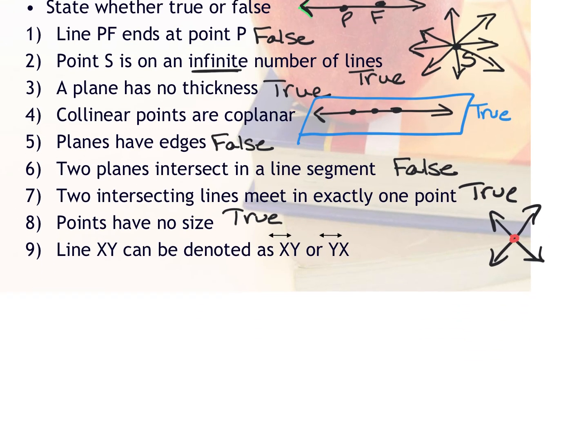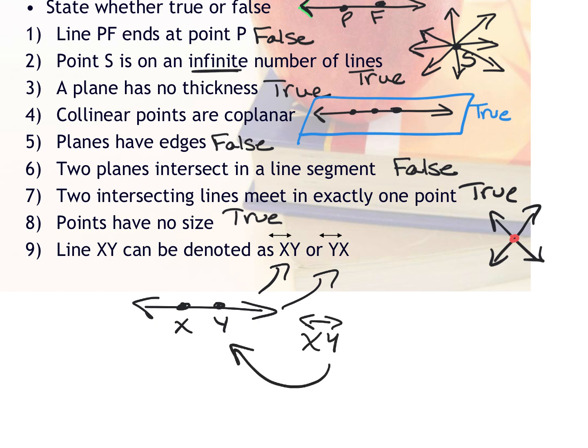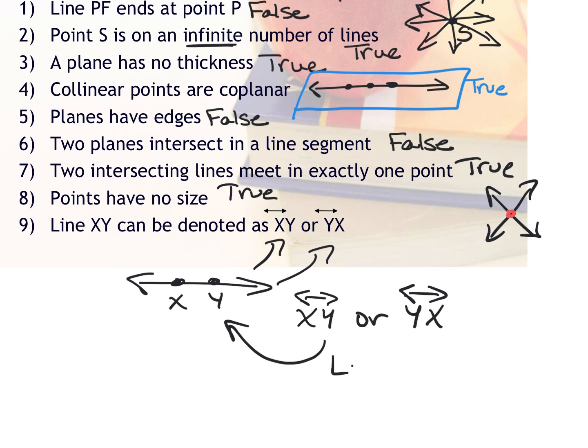So if I have a picture of line XY, remember, the order that you write the letters doesn't matter. I can name this line as either XY or YX. I could have also spelled out the word line, called it YX or XY, either way.